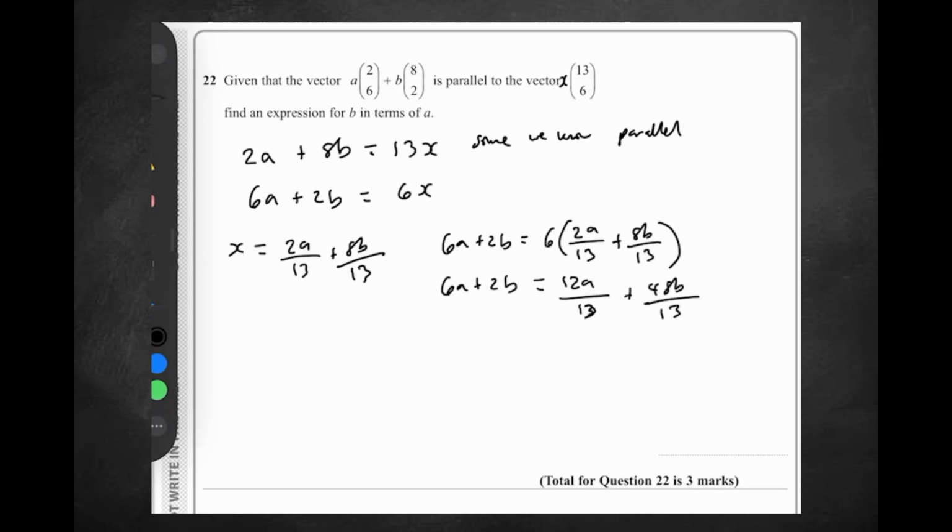We'll times everything by 13, so 6 times 13 is 78a. That would be 26b equals 12a plus 48b, which will take the a's onto one side, gives us 66a. Take the b's onto the other side, 22b, divide through by 22, 3a equals b. We have an expression of b in terms of a. b equals 3a.